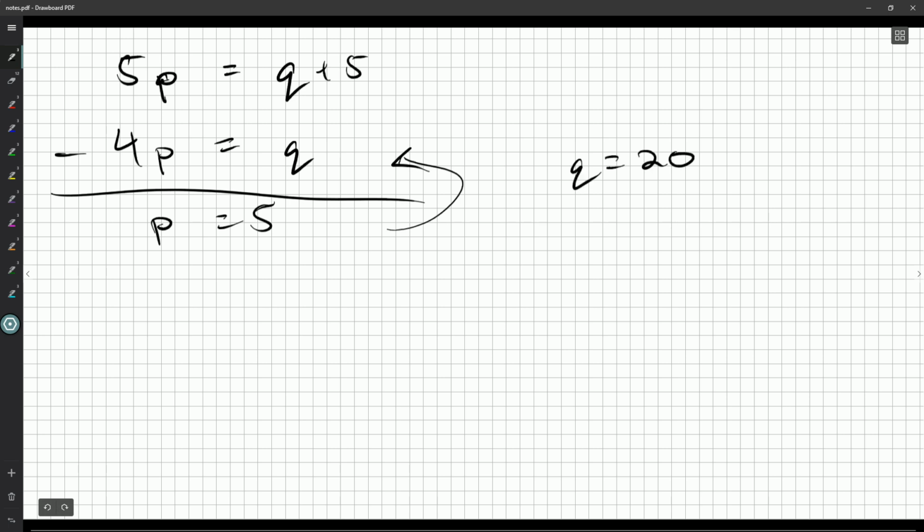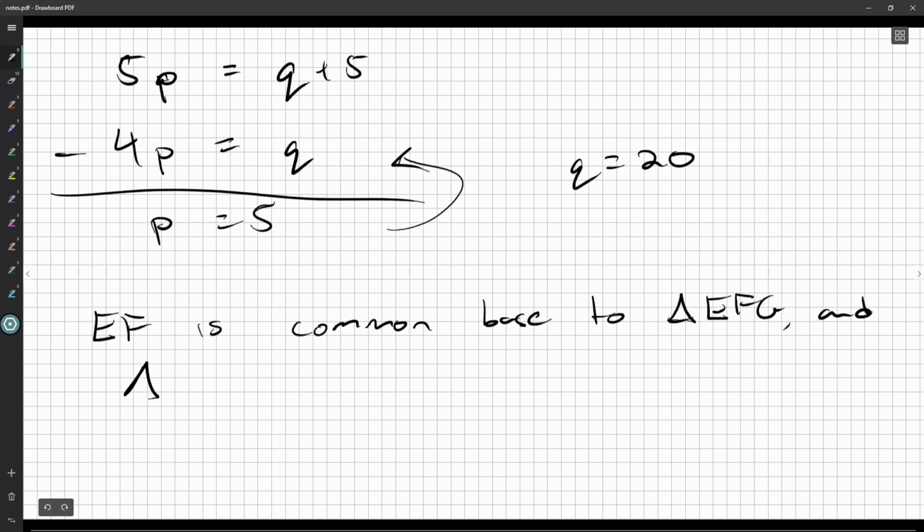So now, finally, EF is a common base to the triangle that they're asking about, EFG. It doesn't really matter whether I use B or D. Since I have Q labeled there, we'll use D, so EFD.